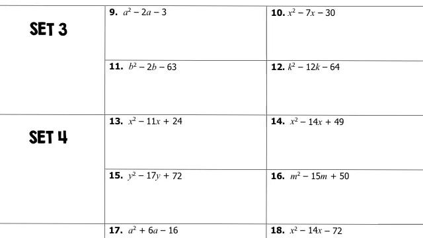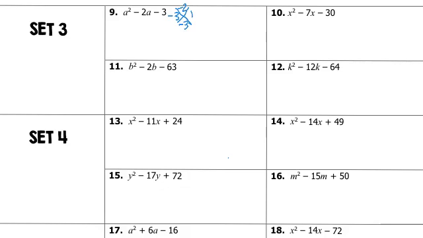Okay, let's go back. Set 3, we're going to look at making our little x. And so we want a number that when added equals negative 2 and when multiplied makes negative 3. So I'm thinking we try a negative 3 and a positive 1.